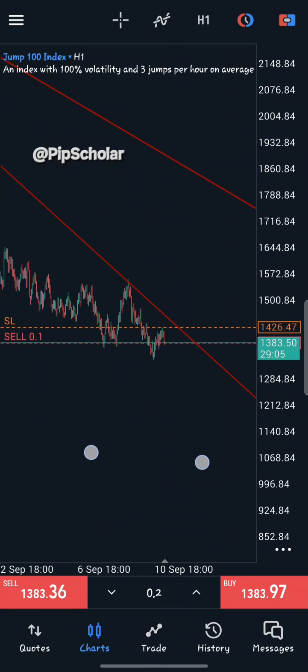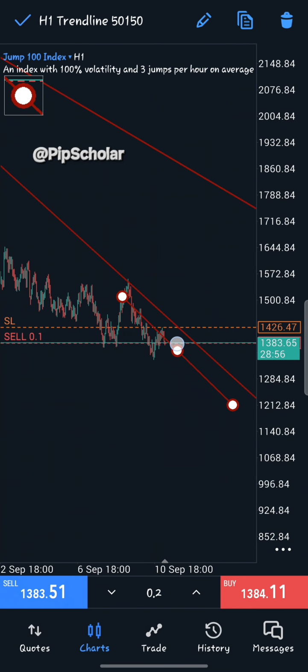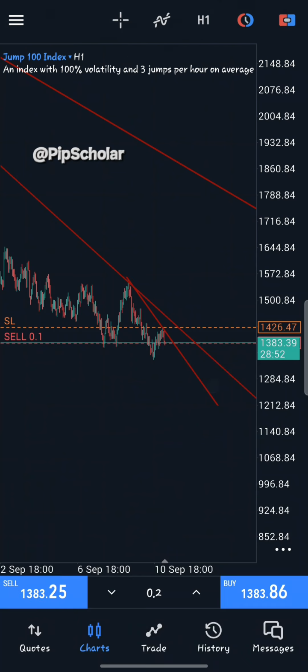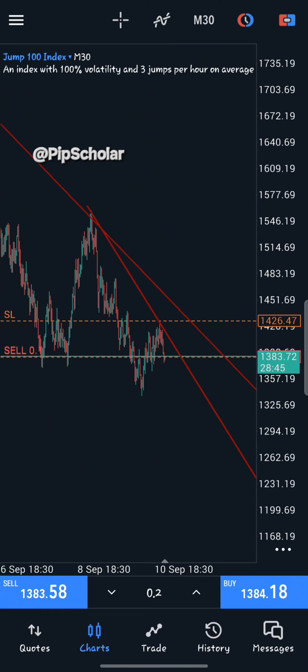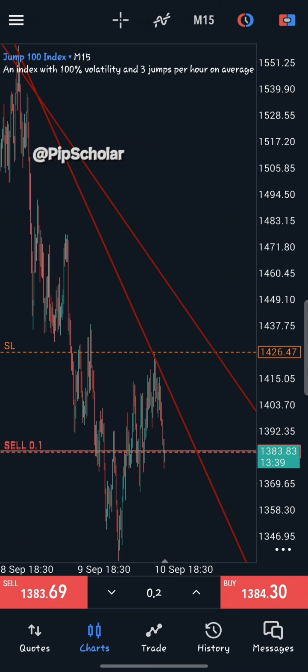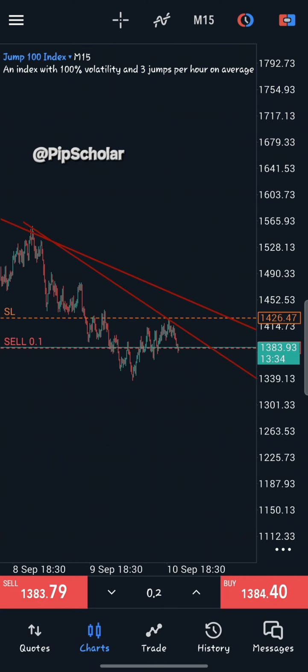There we still have a trend, a minor trend, very small, and we must take note of every trend we see. From there we go down to the 30 minutes, where there is nothing to draw, so we go down to the 15 minutes. The market is saying the same language as our higher time frame, which is sell.